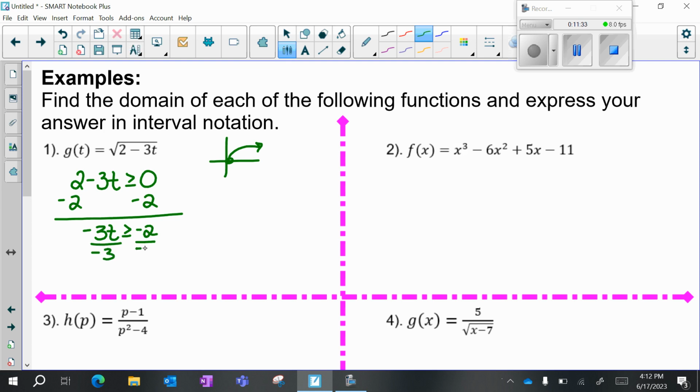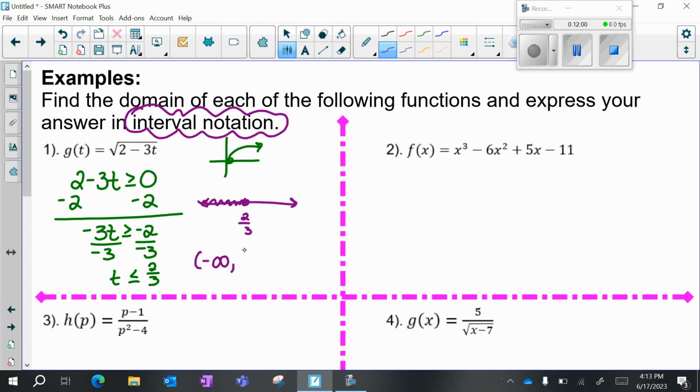I'm going to divide by negative 3 on both sides, but please remember, with inequalities, when you divide by a negative, you have to switch the sign. So this would be my domain, but they're asking for us to write it in interval notation. So t is less than or equal to 2/3. If you need to, draw out your number line. So this is going to be negative infinity to 2/3 with a bracket.